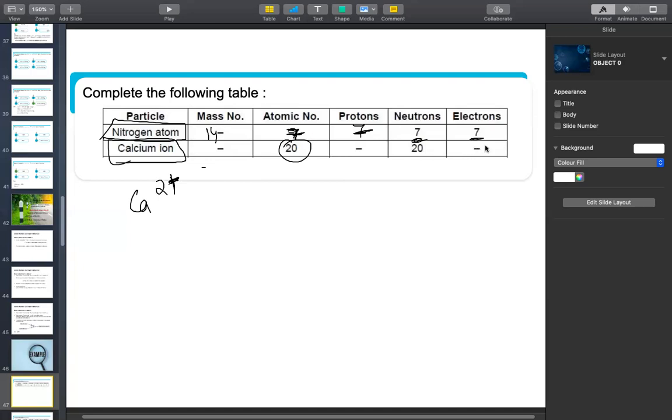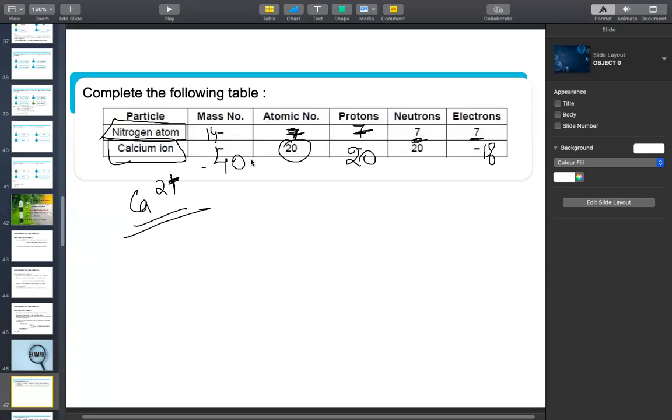This means electrons will be just 18 because it has lost its 2 electrons. So there were 20 protons earlier, 20 electrons earlier. Now only 18 are left. Protons are still 20. Mass number is 40. Got it?